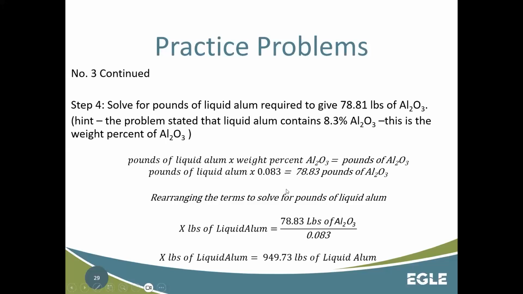It's going to go from the numerator to the denominator when we do that. So we're going to be dividing 78.83 pounds of aluminum oxide by the weight percent. Again, this is the 8.3 converted to a decimal, 0.083, which is going to give us a final answer of 949.73 pounds of liquid alum.